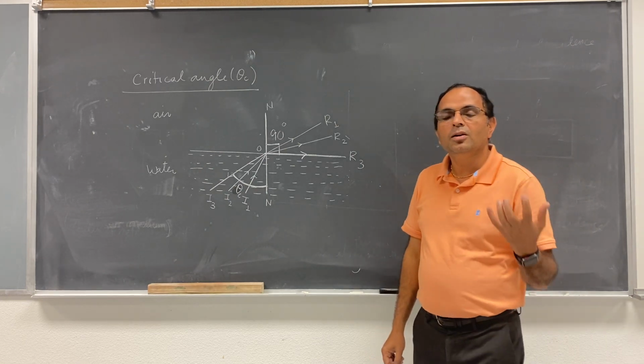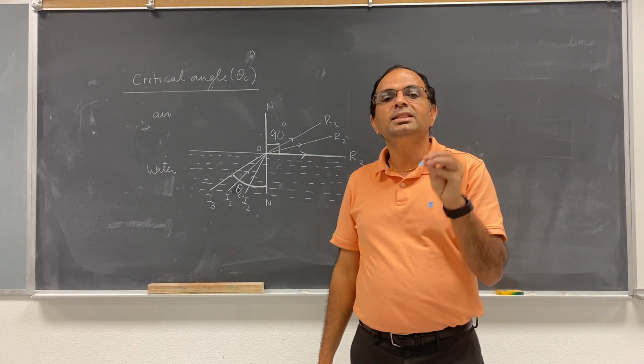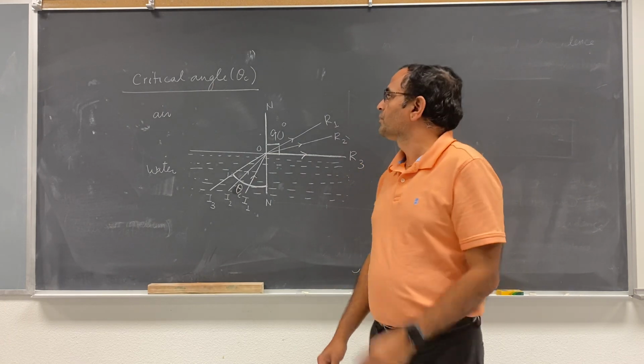If the angle of refraction in the optically thin medium is 90 degrees, the corresponding angle of incidence in the optically thick medium is called the critical angle, theta c.